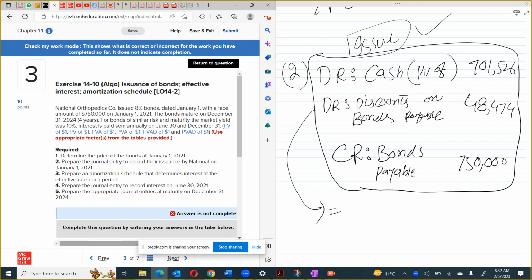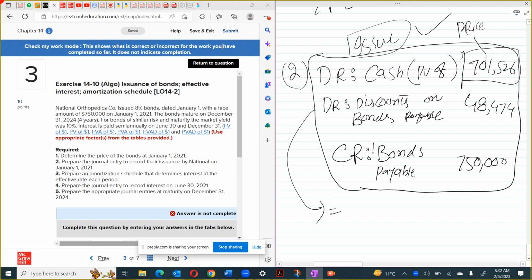So when you receive the cash, you will debit cash, and the important thing is what amount you will debit. You will debit the present value, the price of the bond, which you calculated just now. And what you will credit?